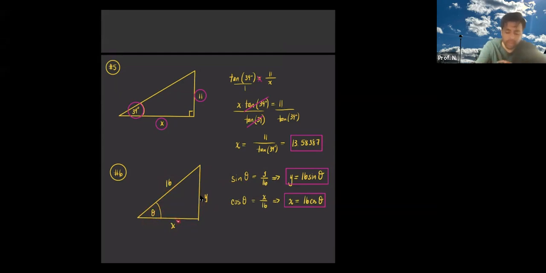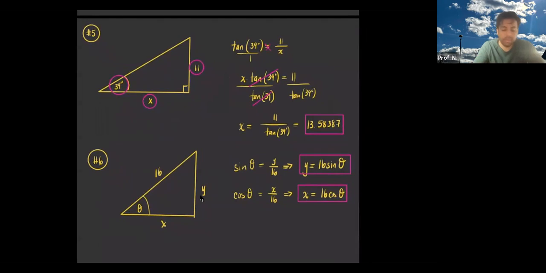You could have tried x and y, but then you have a lot more variables than you need. I don't want a whole bunch of variables. I want things that are known with things that are unknown. So it makes sense to use cosine theta, which is the adjacent side over the hypotenuse. That's why x appears in the numerator in this one as well. It's not because it's always true. It's just because in the context of this problem, it just so happens to be true.